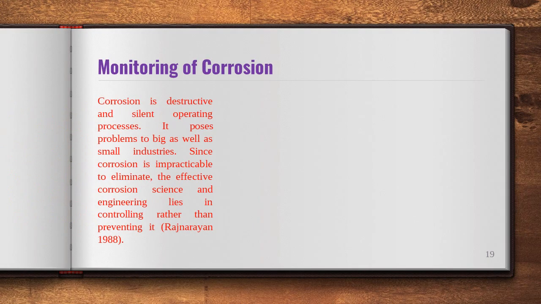Monitoring of corrosion is very important in order to avoid the consequences of corrosion. Corrosion is a destructive and silent operating process. It poses problem to big as well as small industries. Since corrosion is impracticable to eliminate, the effective corrosion science and engineering lies in controlling rather than preventing it.